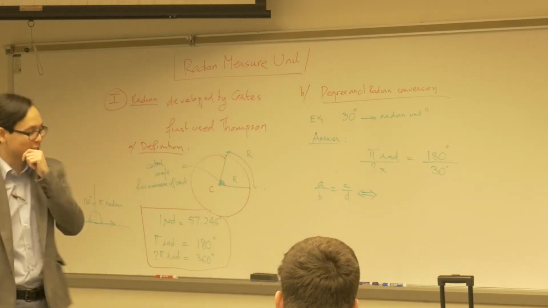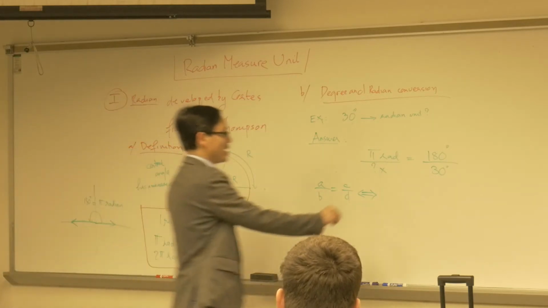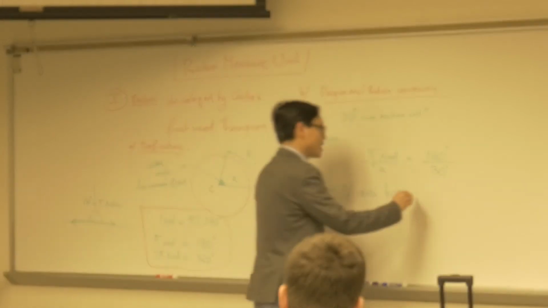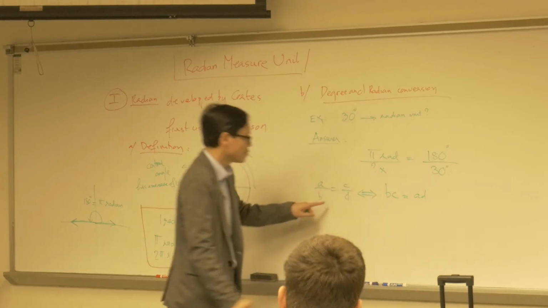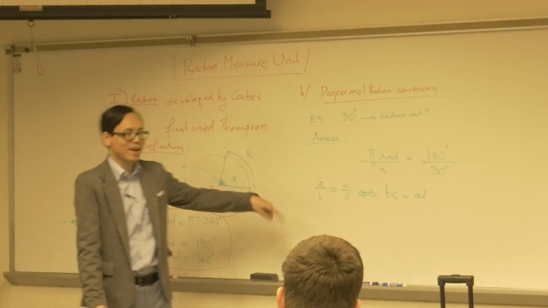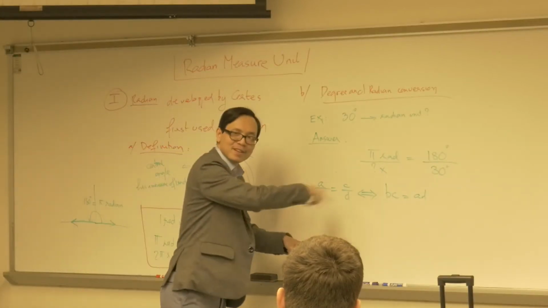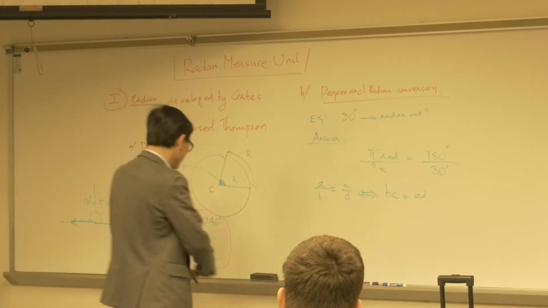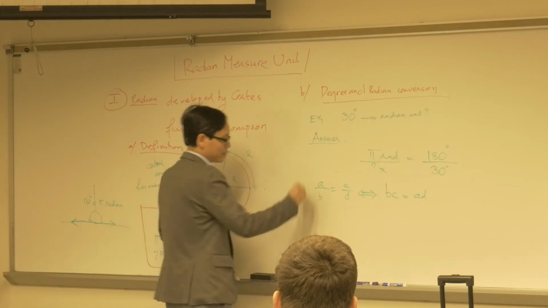BC equals AD. What do we usually call this step? Cross multiply. Yes. So that comes from the proportion concept.